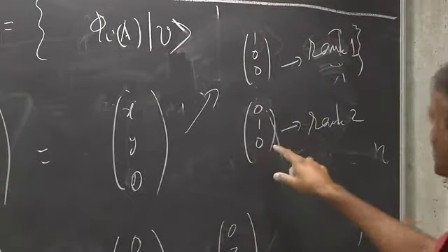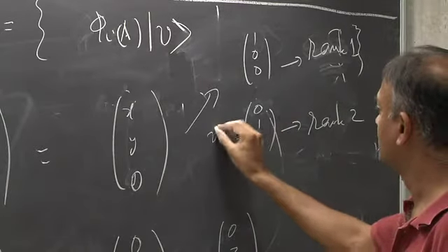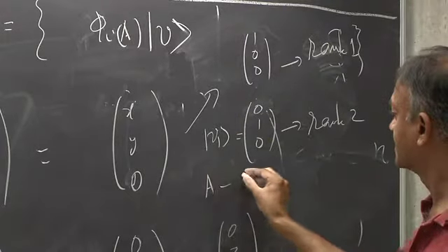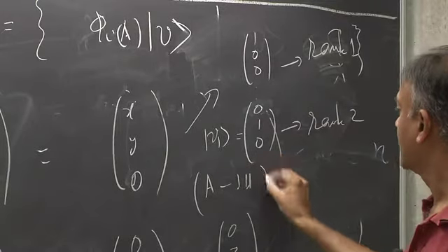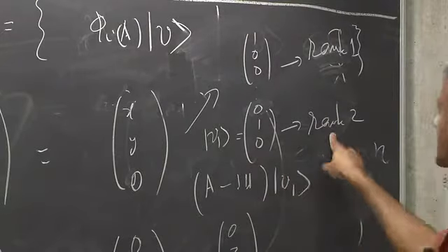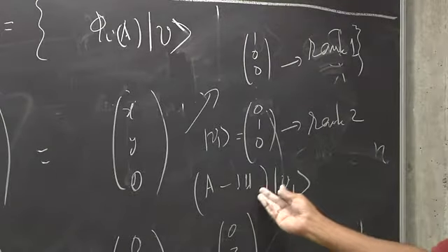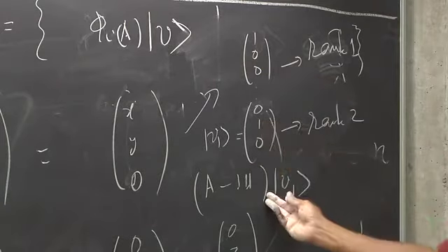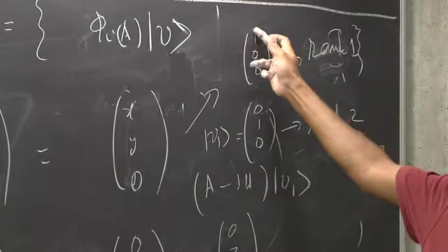So let's call this state some vector v1. Then A minus lambda 1, which is 1 in our case, times identity acting on v1 is not 0 because it's rank 2, but it's going to be some vector, right? It has to be that, because this is going to be linearly independent compared to that, so it must have some component here.